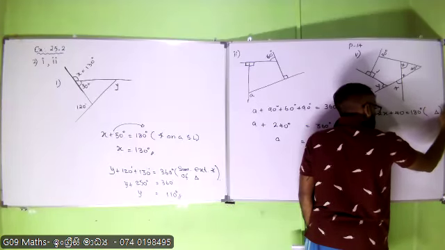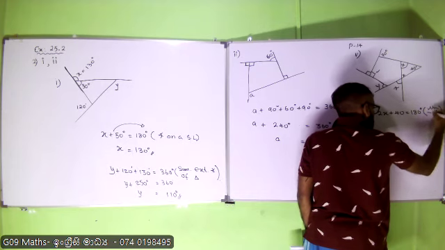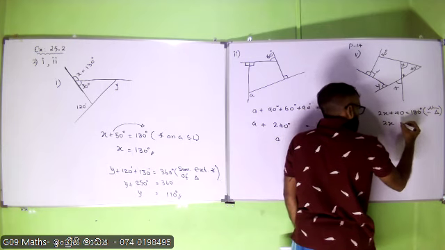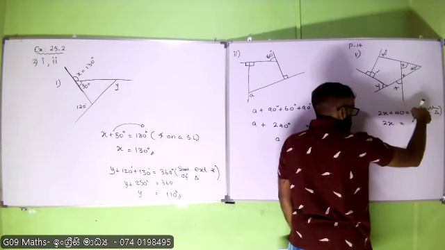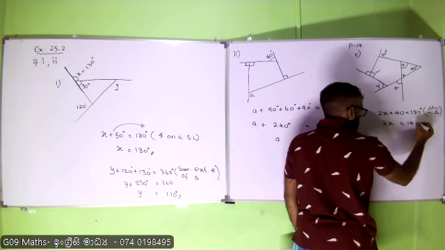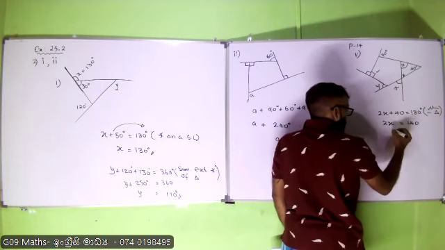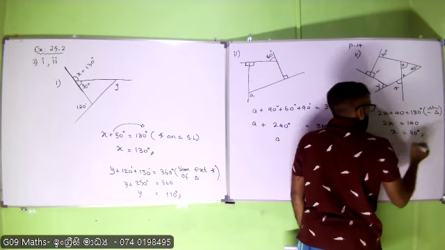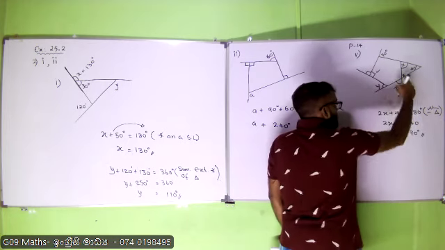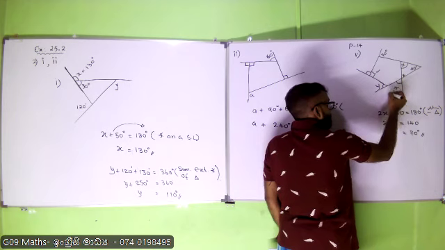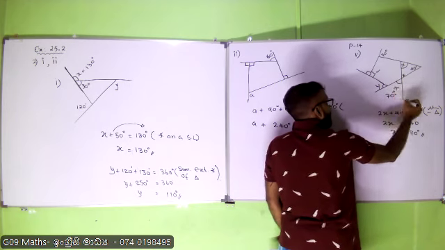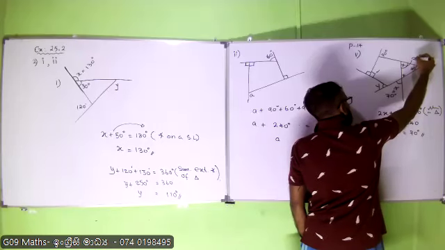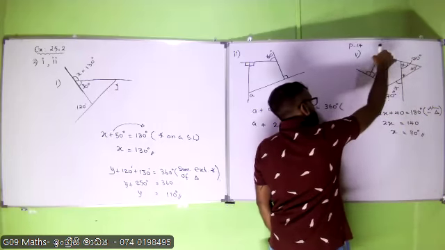So 2x equals, take this to this side, 140, divide both sides by 2, x becomes 70 degrees. If x is 70 degrees, this x is also 70 degrees, and this one also 70 degrees. Well, these are exterior angles.